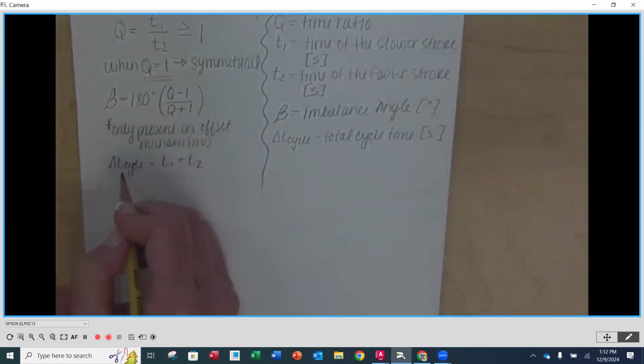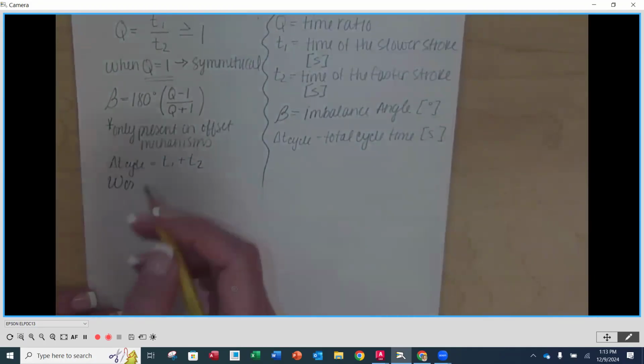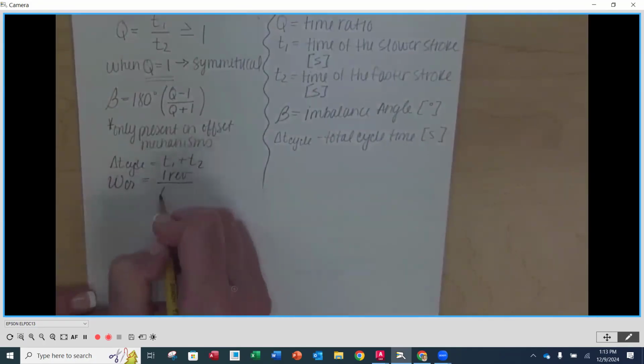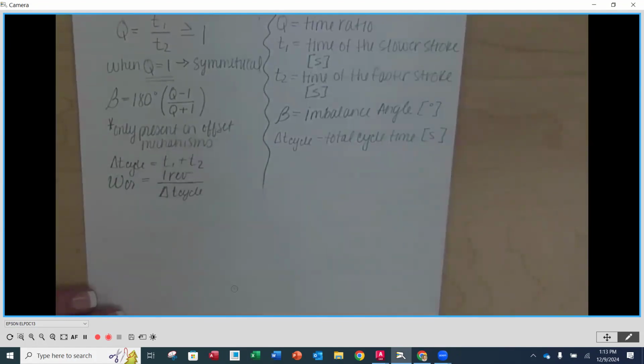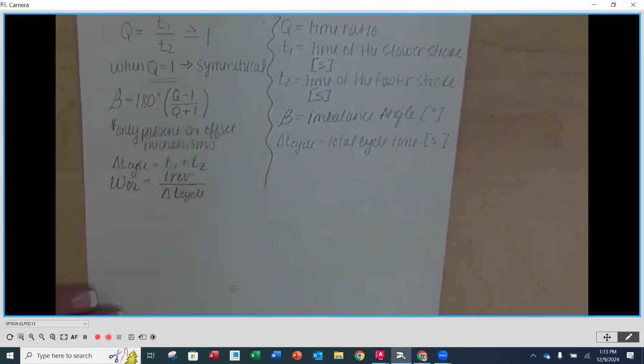And then in this section, the last one we're going to do is the angular velocity or rotational speed of our crank. And that's going to be equal to 1 revolution divided by that total cycle time. W sub CR, of the crank.